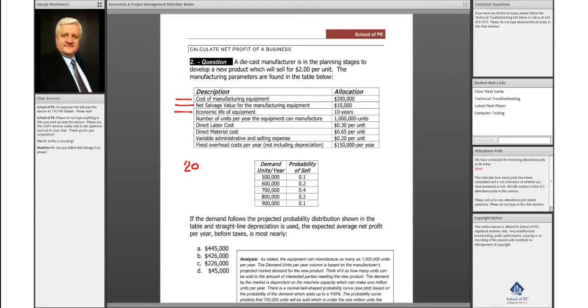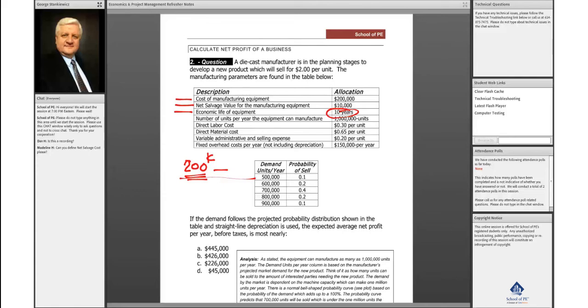This is very typical, and we'll be reviewing this quite often until the end of the class: what salvage value is and how to apply it in varying engineering economic analyses. So we have a piece of equipment that costs us $200,000, and at the end of 10 years we're finished with it and it's no longer going to be used.